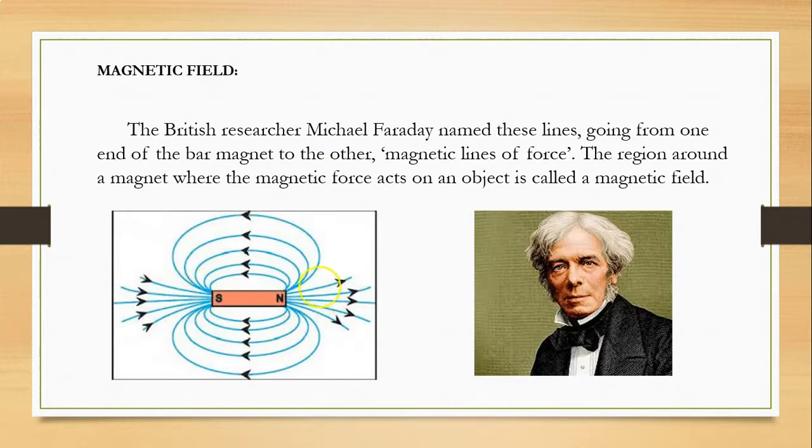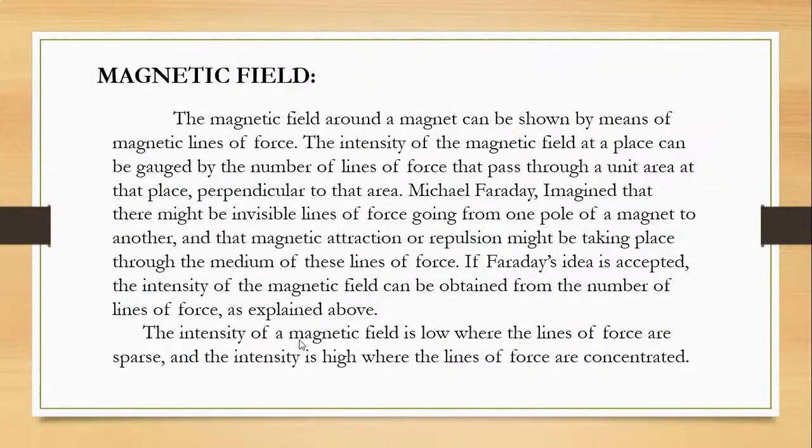So once again, magnetic lines of force. The magnetic field around the magnet can be shown by means of magnetic lines of force. The intensity of the magnetic field at a place can be gauged by the number of lines of force that pass through a unit area at that place perpendicular to that area.